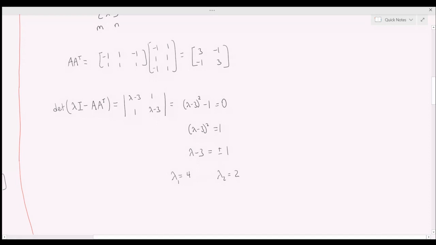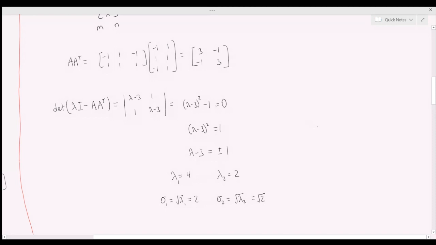So these were the eigenvalues of A A transpose. Then if I square root each of these eigenvalues to get the singular values, here the singular values are 2 and square root of 2.